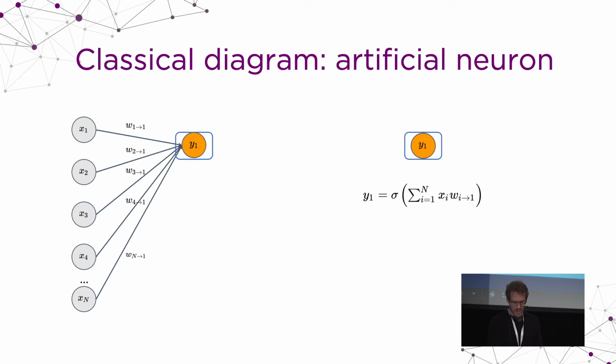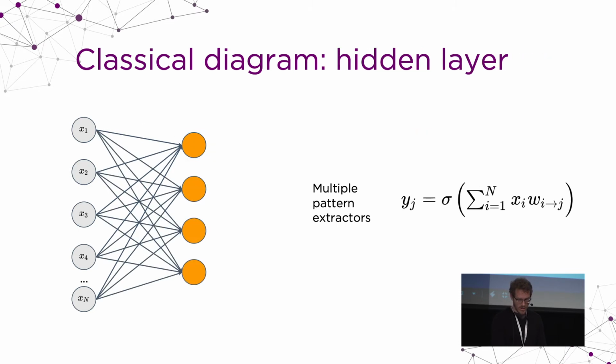So the full equation is: for this neuron, I have the activation function, and the activation function will take the scalar product, again the product of the parameters with the input, and the sum over everything. So this is one pattern. If I want to define multiple patterns, I just have to add other hidden units.